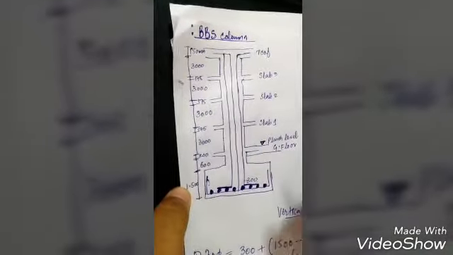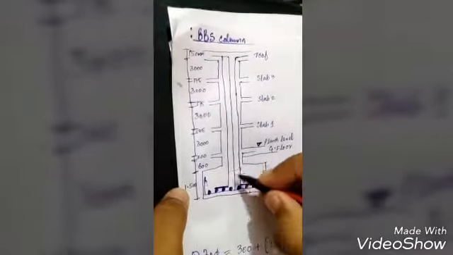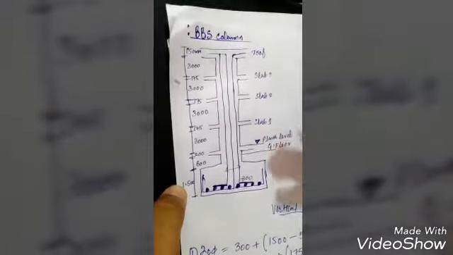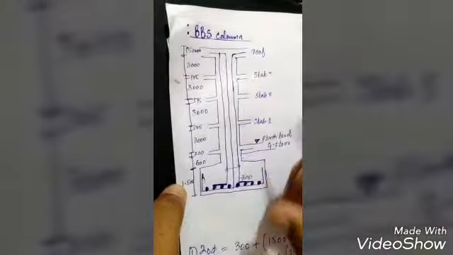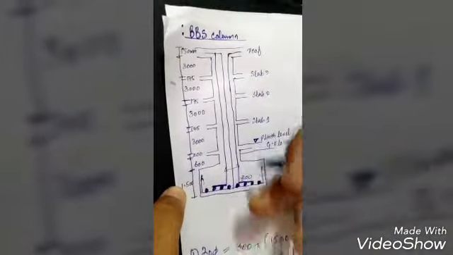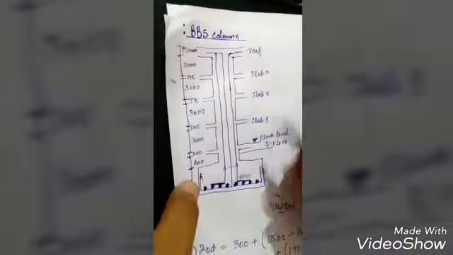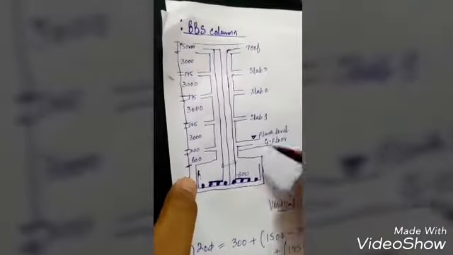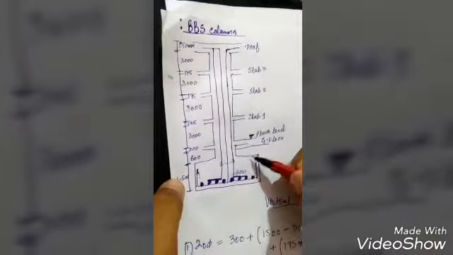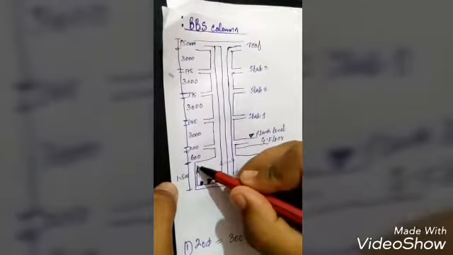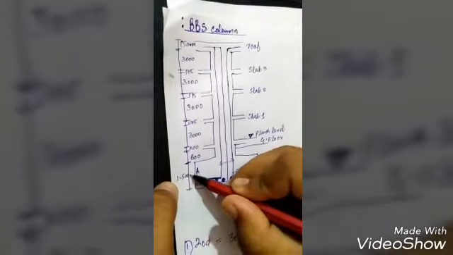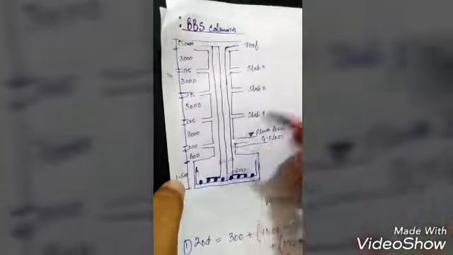The thickness of the pedestal is always more than the thickness of the column. But here I take the column simply, in a general way, but you should know that. The total thickness of my footing is 1.500 meter, 1500 mm.